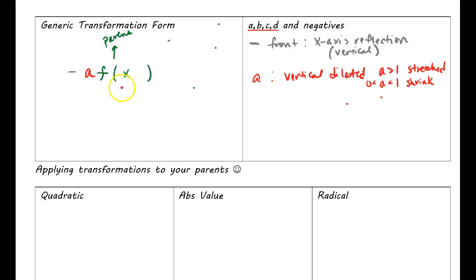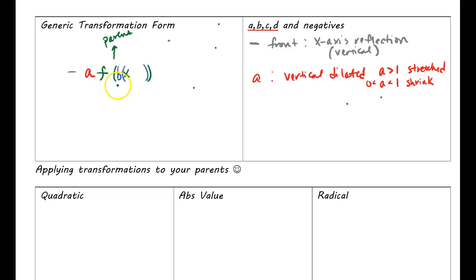Now, if it's something that happens on the inside of the function, and like I said, this will make more sense later, then they do different things. For instance, if you have a b, these are the least fun, I'm not going to lie.